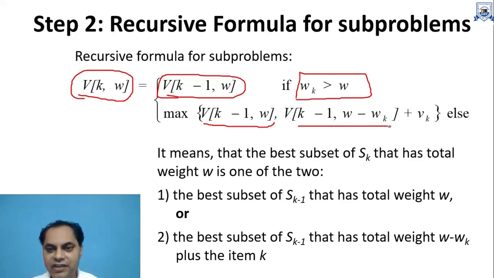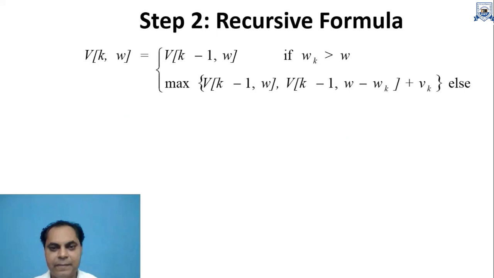In that case the value of the kth item will be part of the solution, and the rest will be decided by items up to k-1 and the reduced capacity of the knapsack. So we check these two possibilities, and whichever provides the maximum value will be considered as the solution.